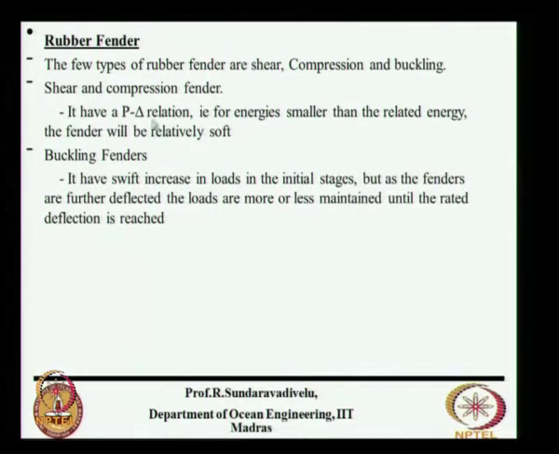The shear and compression fenders are relatively soft, and for buckling fenders, the load increases swiftly in the initial stages, and afterwards the load will be more or less maintained. I will draw the figure.